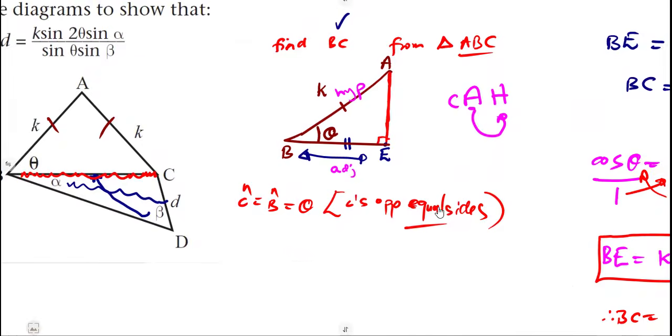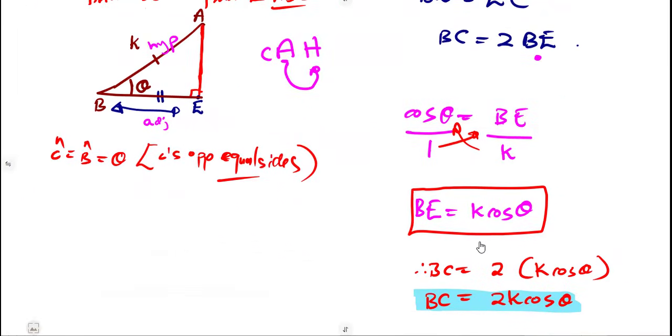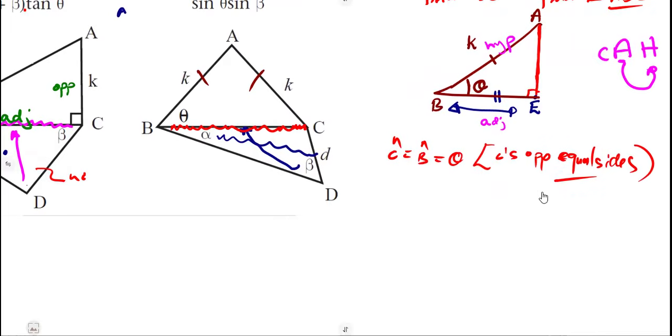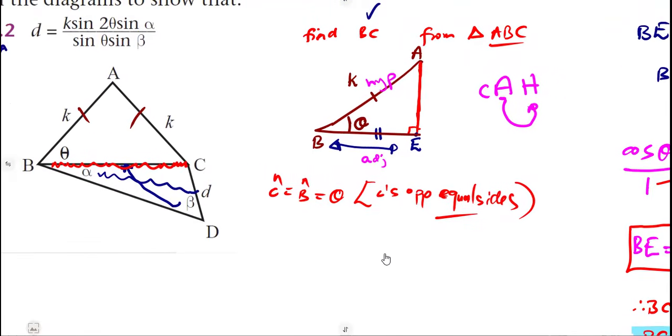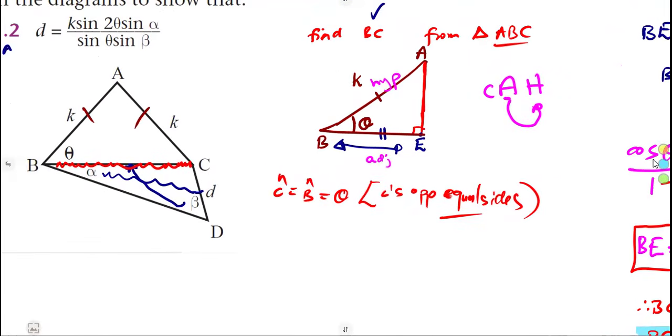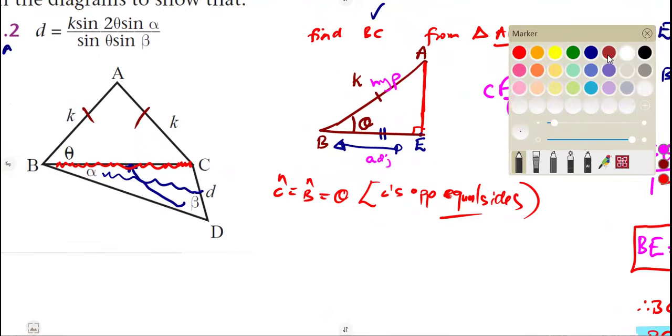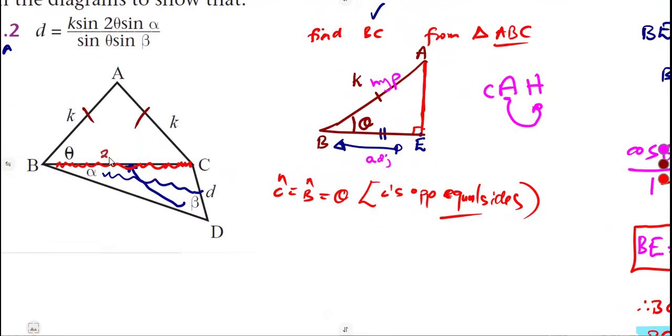Let's take this BC, our BC here, 2K cos theta. So I'm just going to write it here from B to C. This one is 2K cos of theta. That's our BC.